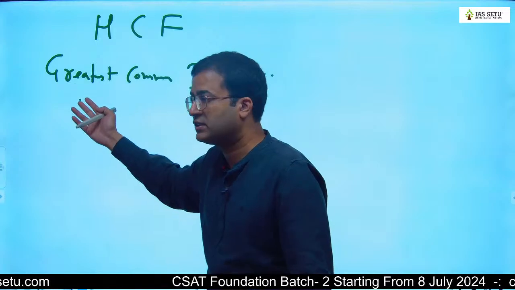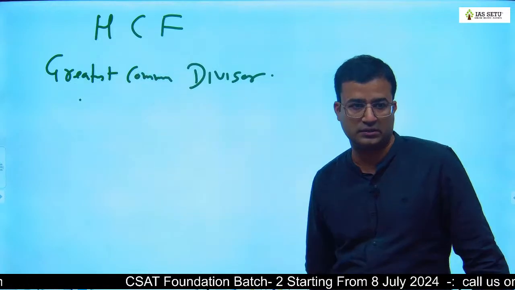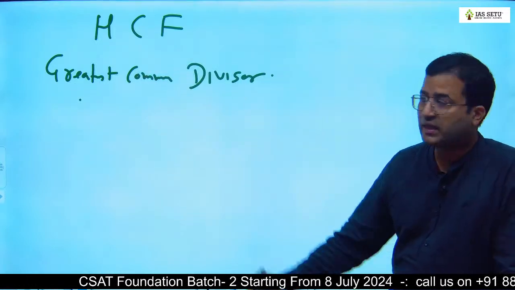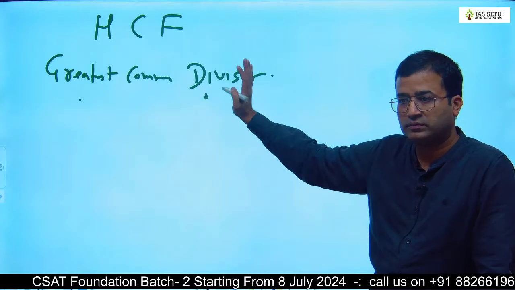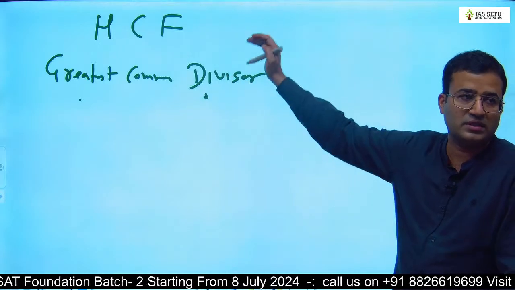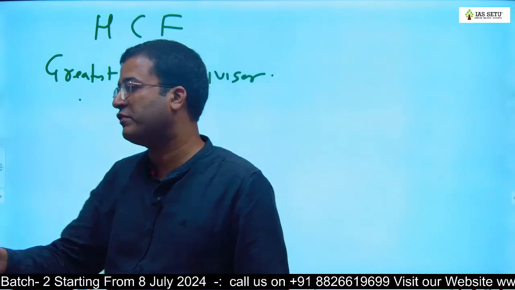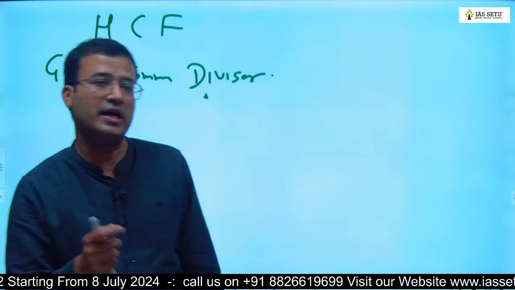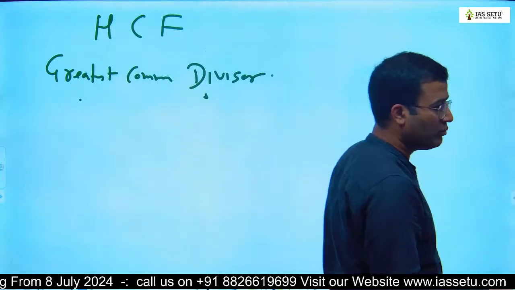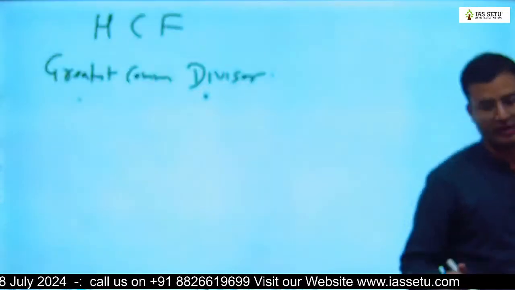Highest की जगह greatest लिख दिया. It's like Virat Kohli, King Kohli. So if they ask what is the GCD of 50 and so on, it means highest common factor, greatest common divisor, या highest common factor. Both are same.